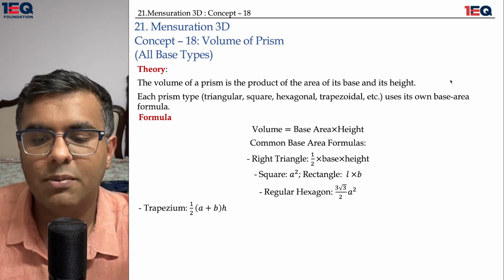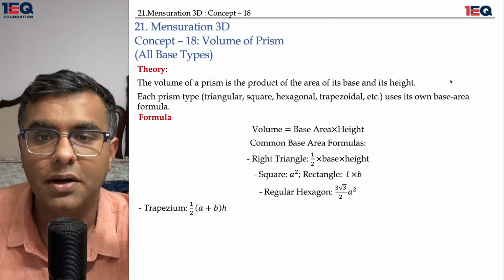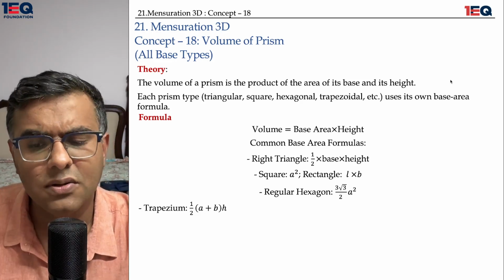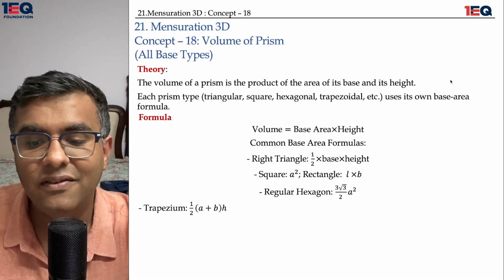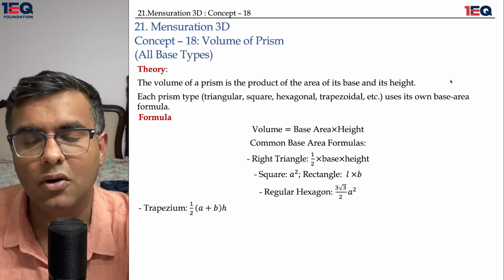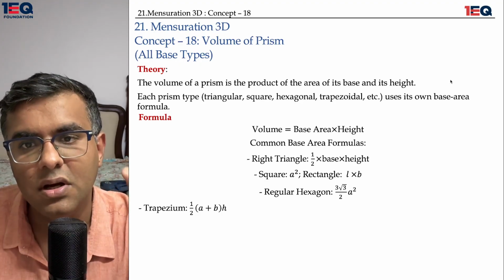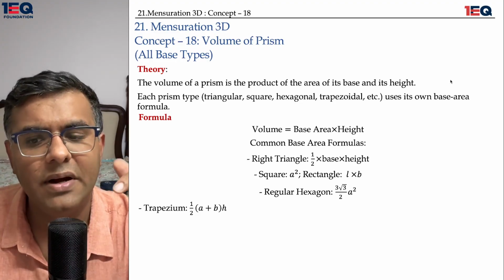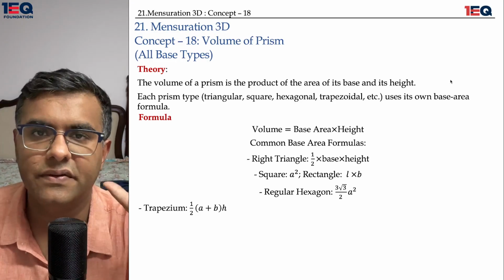So what usually happens is, if we are only talking about the perimeter of a circle, that is also the circumference of a circle, and we extend it using the height or make it move in a linear fashion up to some distance, let's say h, so 2 pi r multiplied by h would give you the curved surface area.